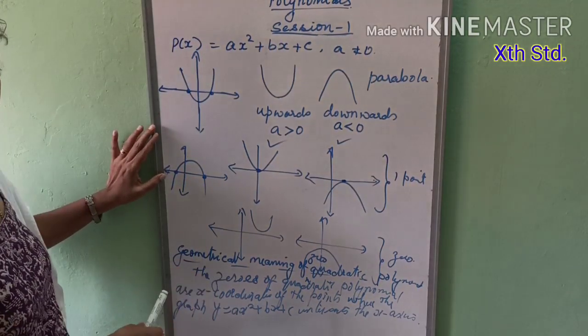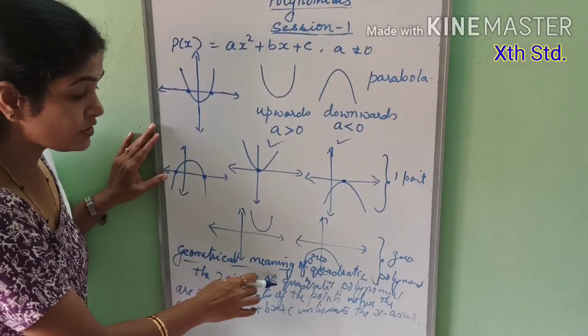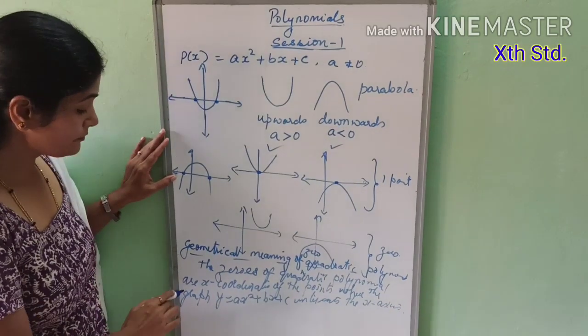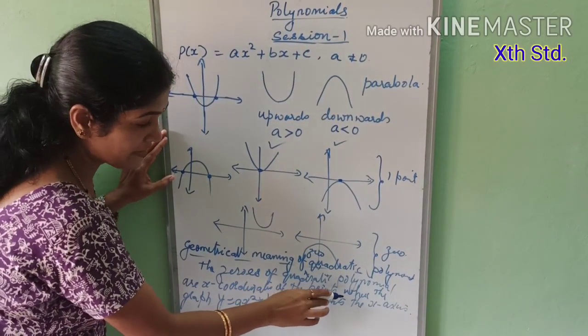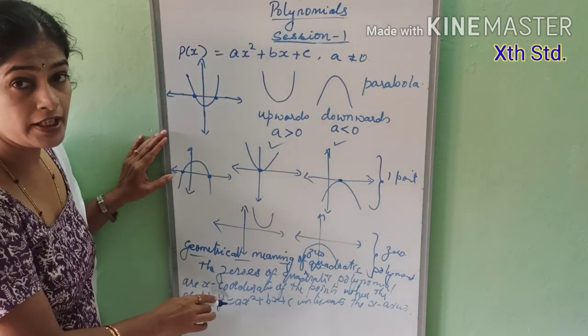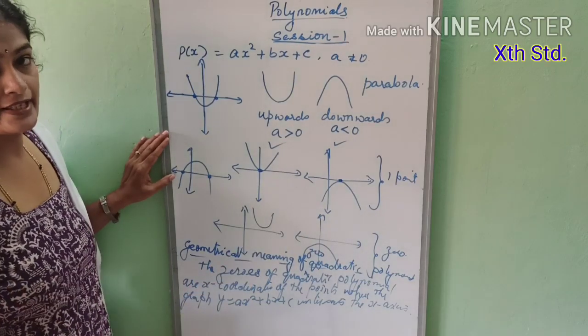I'll just repeat it. I think it may not be that clear to you. See, this is what I have written. The zeros of the quadratic polynomial are x coordinates of the points where the graph y equal to ax square plus bx plus c intersects the x-axis.